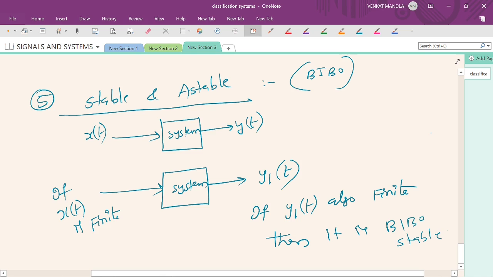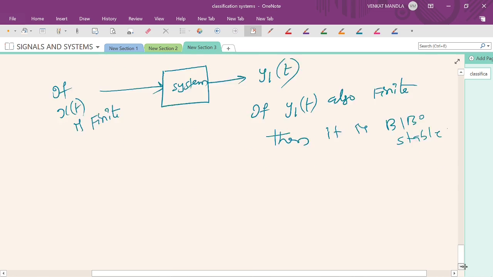That is, we are giving a bounded input, that is finite input, and I am also getting a finite output, that is bounded output. Then the system is said to be bounded input, bounded output stable. If I give some finite input and I get an infinite output, then the system is unstable. We'll discuss in the problems, then I will get clarity.